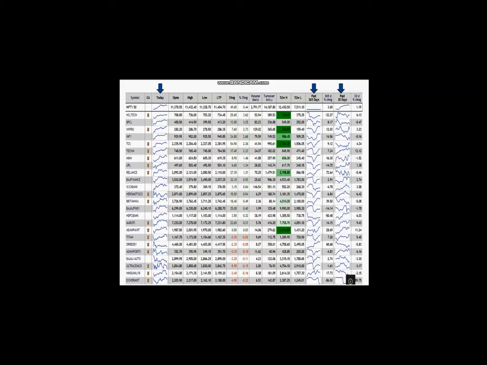Now let's look back to the 1-day time frame, and in that time frame also the slopes are in the upward direction. So we can choose these stocks based on the 3 time frames, the larger and the shorter time frames.